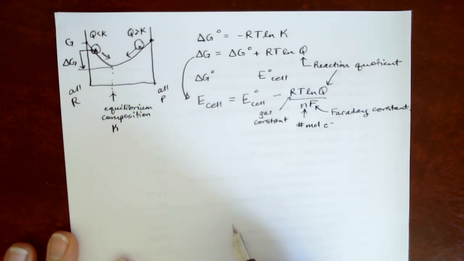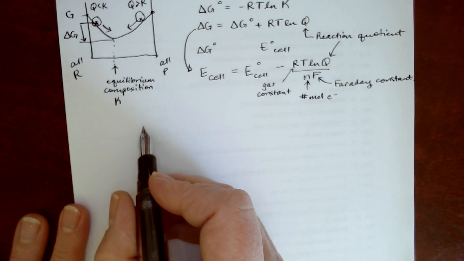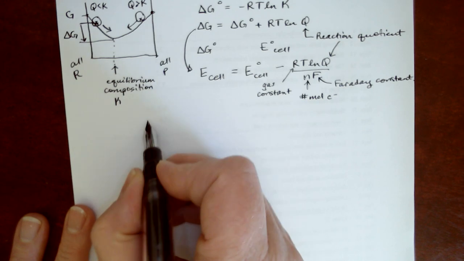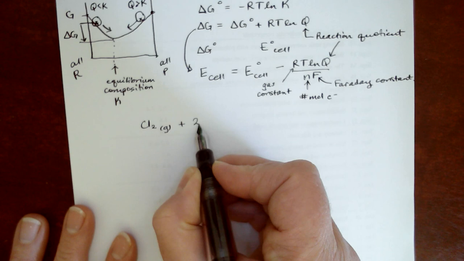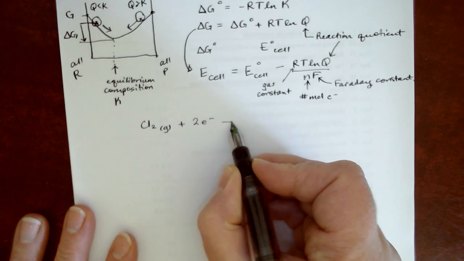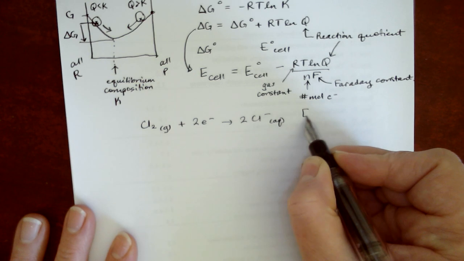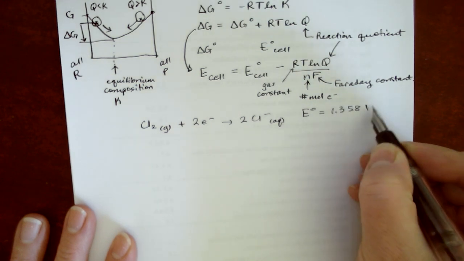All right, so let's consider an actual cell. I just picked a couple of reduction potentials. The reduction potentials that I picked, I just went with chlorine and tin.